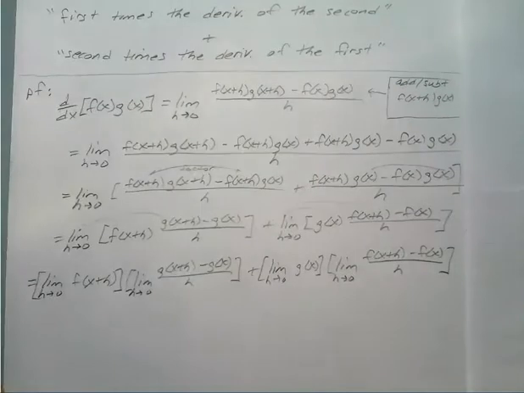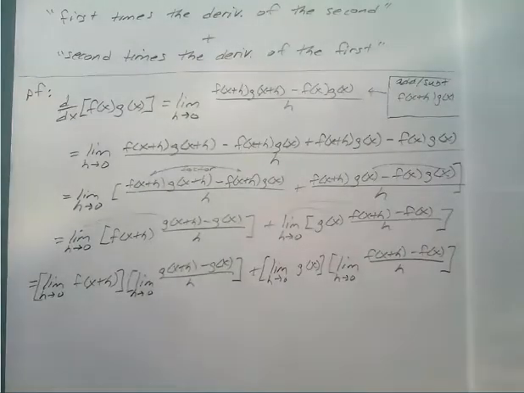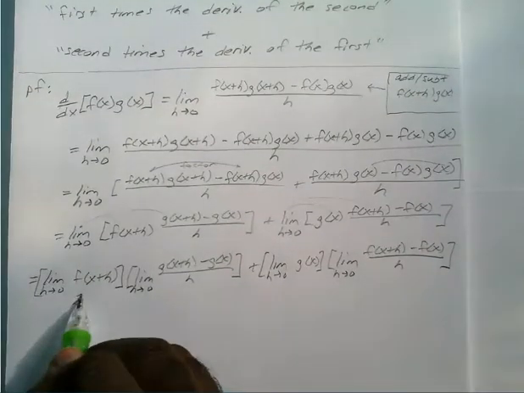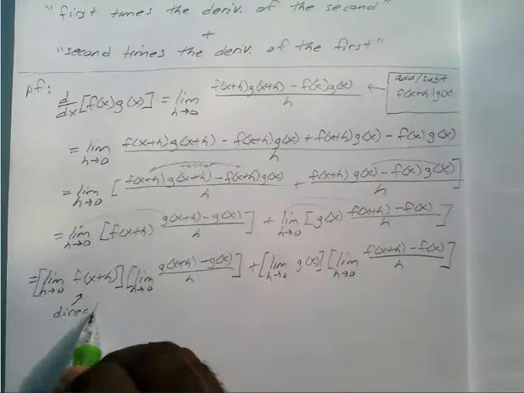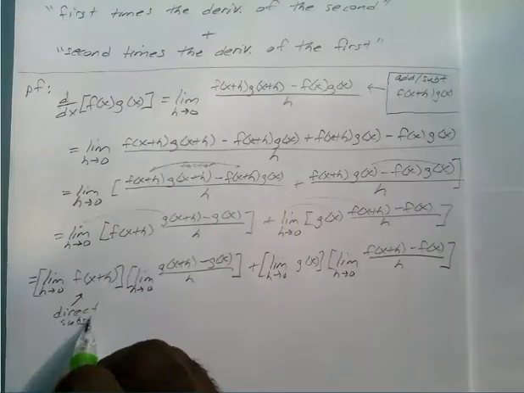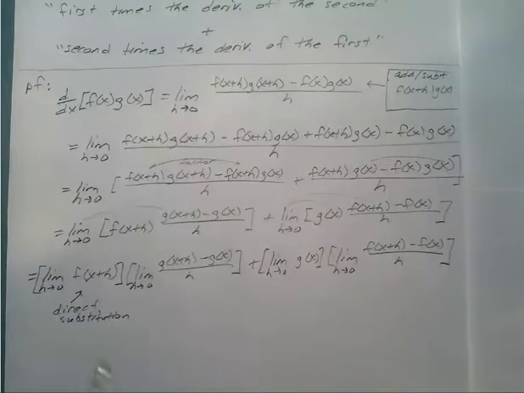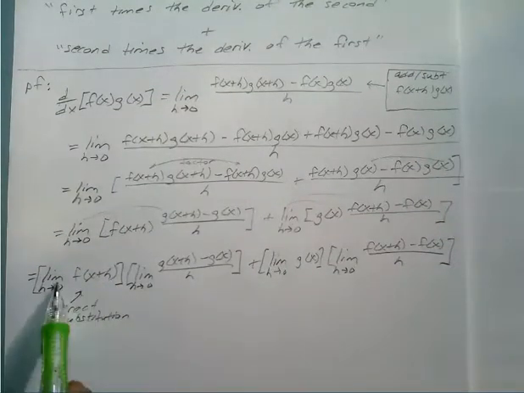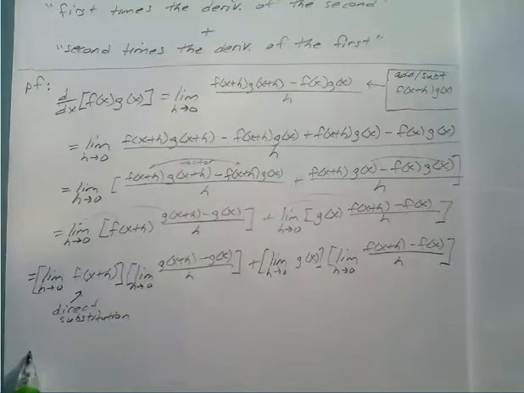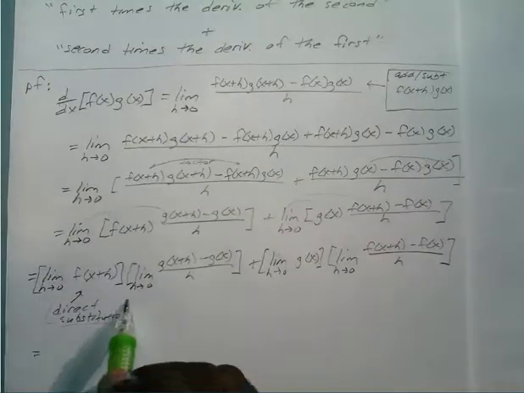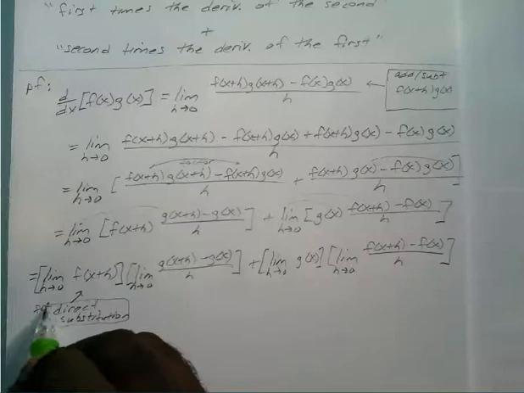Okay, so what does this tell us? Well, if you use direct substitution for this one, you can just plug in h equals 0, which leaves you the limit of f of x, which is f of x. So this is just f of x.